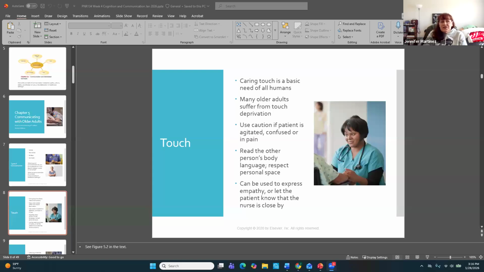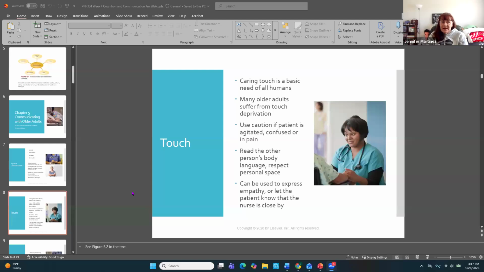The one time we do have to be careful with the use of touch is when we have dementia patients or agitated patients, confused patients, patients that are in pain. That could increase their frustration, their agitation. So we do have to be very careful with the use of touch in that population.